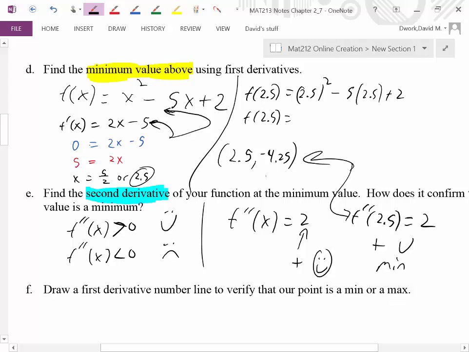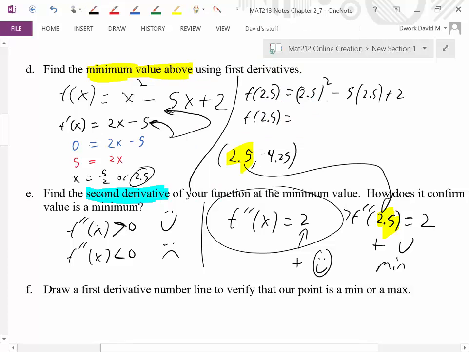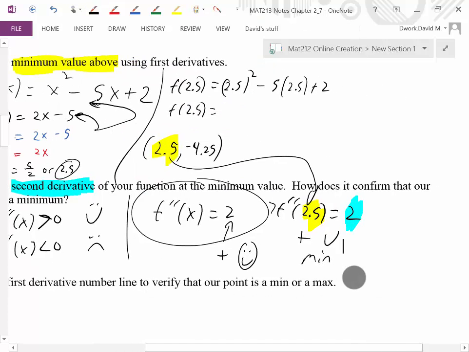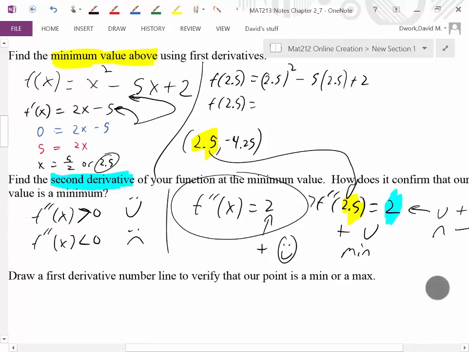So how we use the second derivative is we take the second derivative of our function, find out whatever that equation may be, and substitute in the x value from your critical point, the thing you're trying to check to see if it's a max or a min. Whatever your second derivative is tells you if it is a min or a max by whether it has positive or negative concavity.